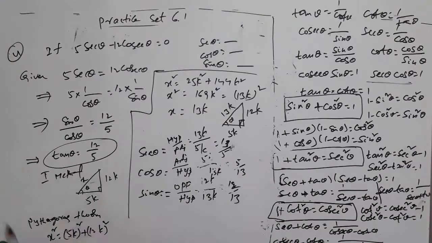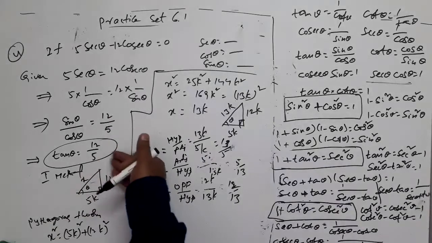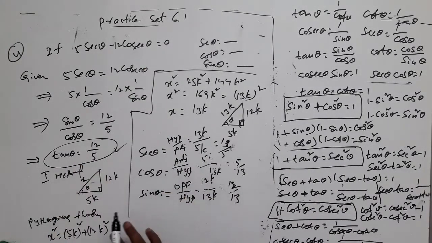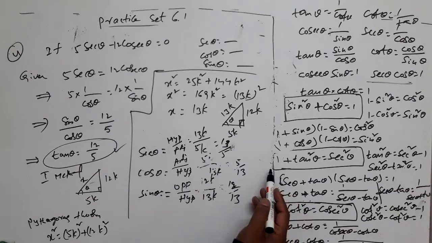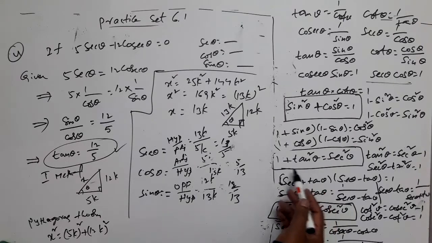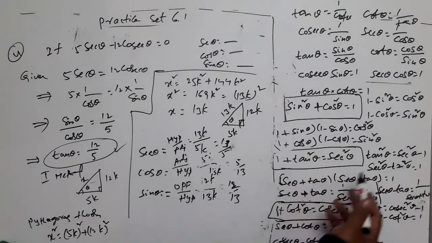Because you know tan theta, to this step you do, then because tan theta is known, what do you do? Second identity. We have three identities, and tan theta is involved in the second identity. So let us use this relation.